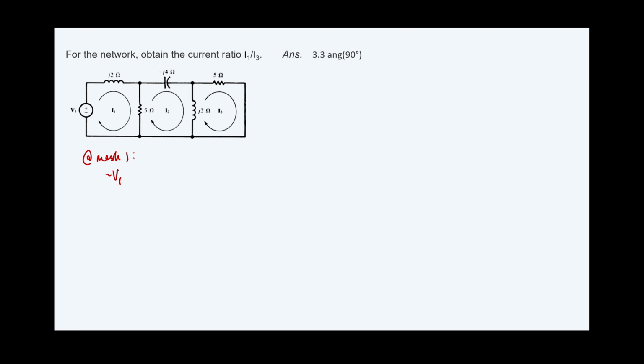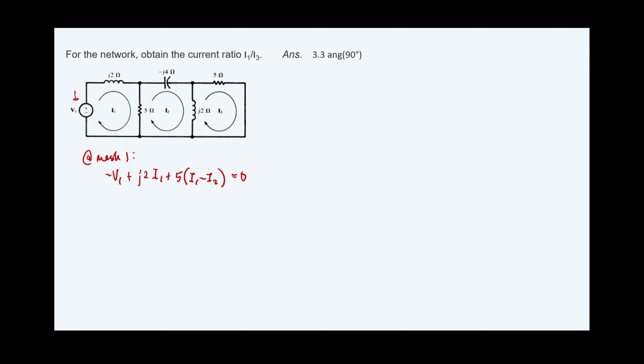Notice there's no value for V1, so later you will see that this will cancel out, plus j2 I1. The voltage across the inductor is XL times current I1, plus 5, that's a resistor, so it's a real number, times I1 minus I2. You've learned why this is so, because there are two currents entering that, so this is equal to 0.